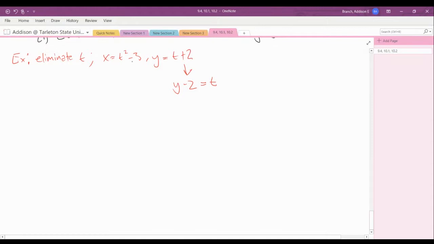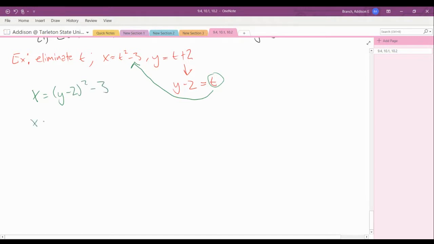Then we can take this t and plug it back into x and say x is equal to t squared minus 3, where t is y minus 2, so x is equal to (y minus 2) squared minus 3.